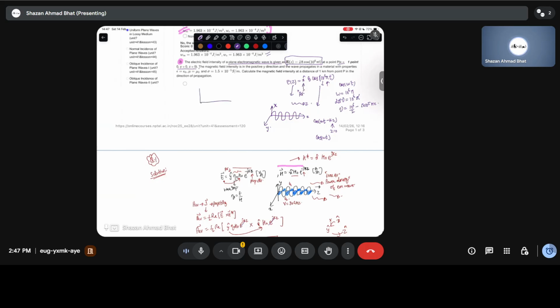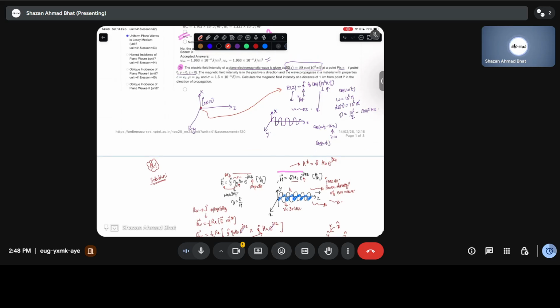If you have a three-dimensional coordinate system, let's say this is z, this is x, this is y, and at z equal to 0, let's call this point P, the electric field intensity is given by exactly this value, which is just oscillating in time, but it's not propagating because we are looking at a particular point in space.